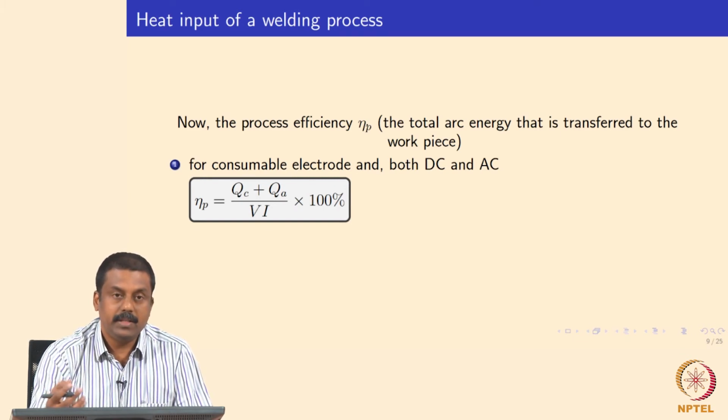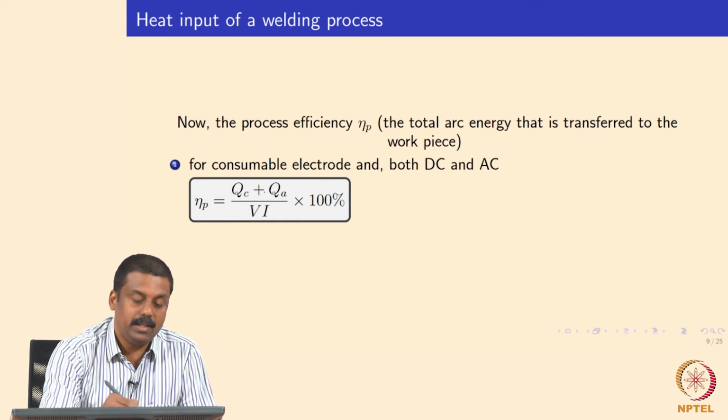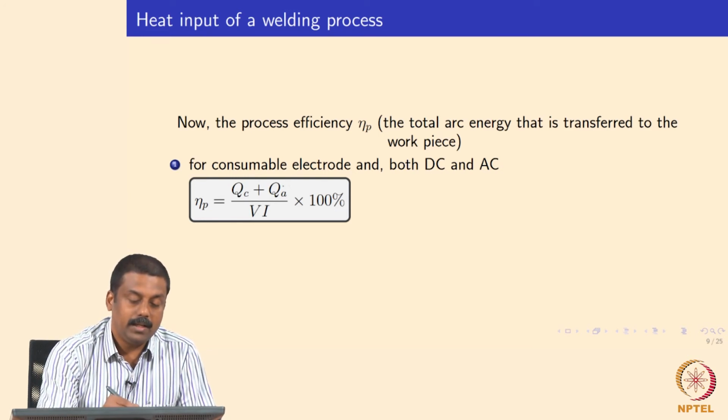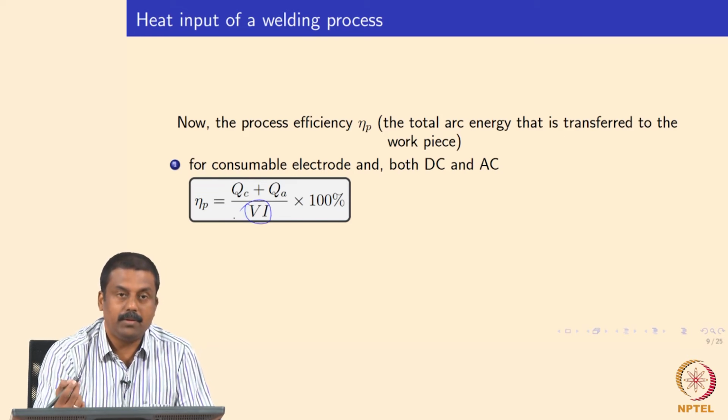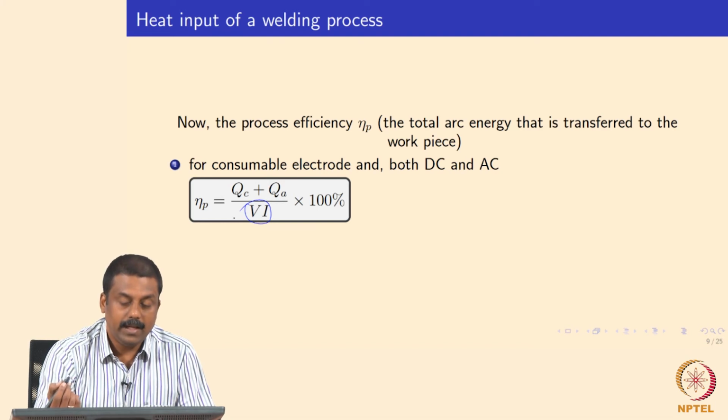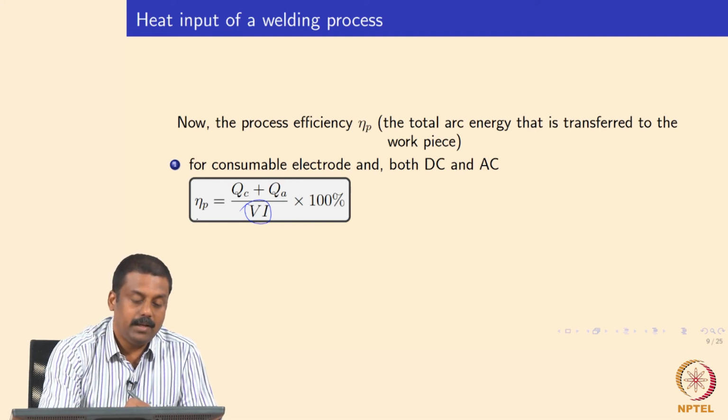So the total heat generated is the heat generated in the cathode fault zone plus the heat generated in the anode fault zone, and because we are transferring the droplets from the electrode to the workpiece, the total heat is QC plus QA. The total heat transferred over the energy supplied to the system, VI, times 100, gives you the efficiency of the process.